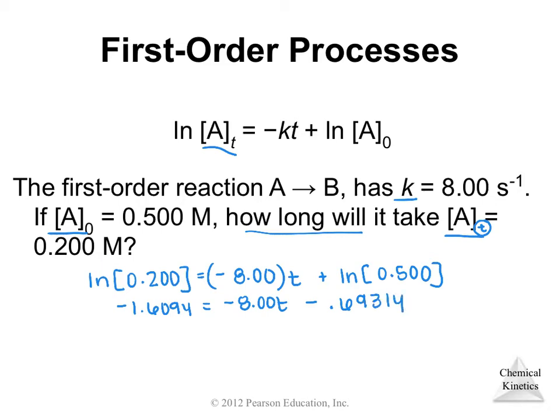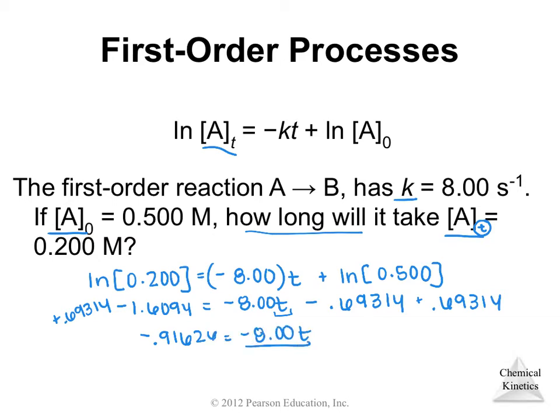Okay, so I want to solve for t, so I'm going to get rid of my 0.69314. Negative 1.6094 plus 0.69314. So I've got negative 0.91626, negative 8t.